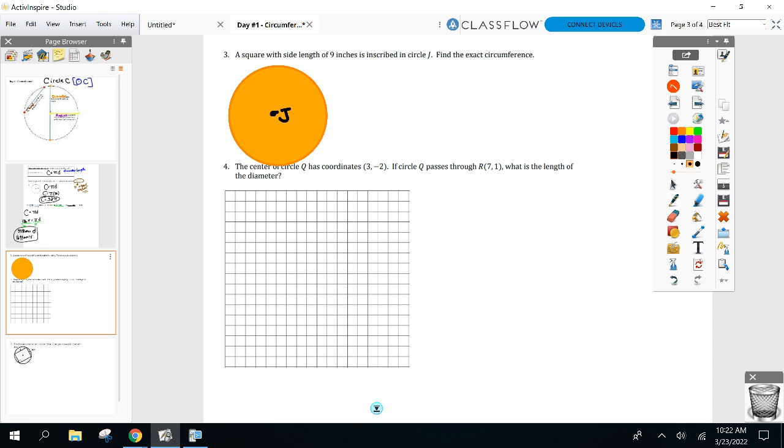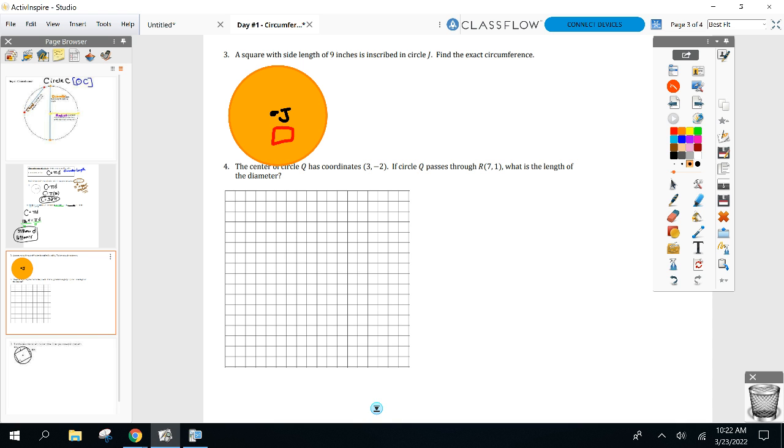All right, new vocabulary term we got to review. A square is inscribed in it. So where's the square? On the outside or the inside? Inscribed. Is it on the inside? Inside. Oh, be careful though. Is that inscribed?